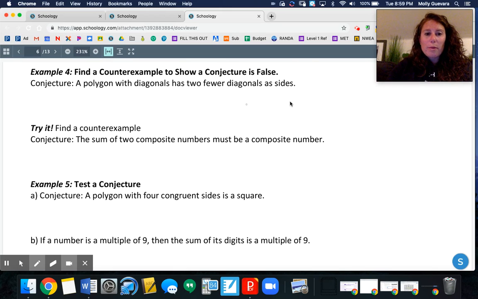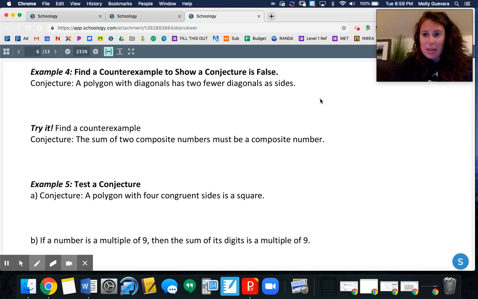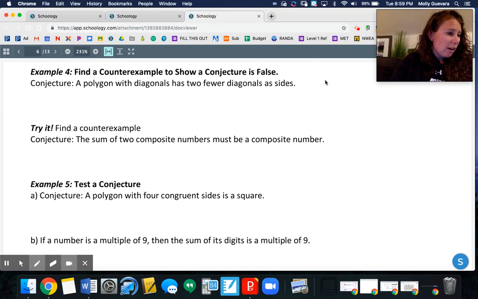So this is a conjecture, just a statement that somebody made, and we want to say, is there a counterexample to show that this is false? If we cannot come up with a counterexample, then we assume the statement is true. So let's look here.